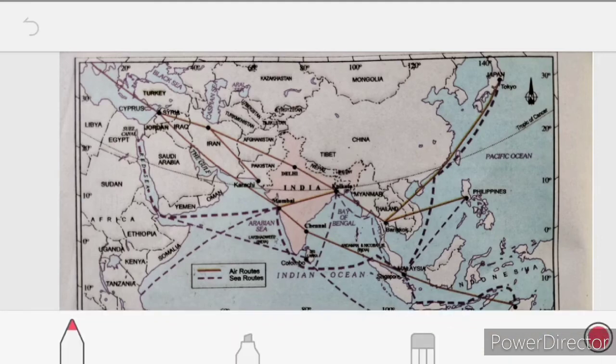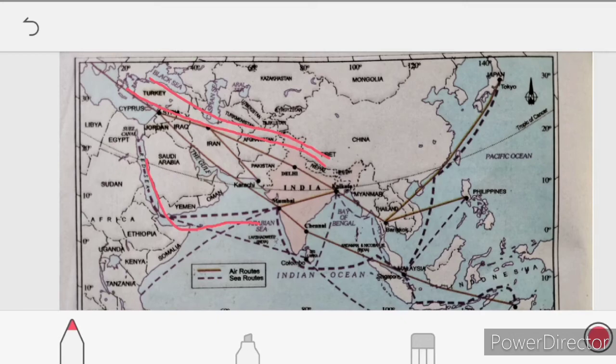There are two ways of trade: one is airways and the second is seaways. The dotted lines show us the seaways or sea routes, and the straight lines show us the airways or air routes.